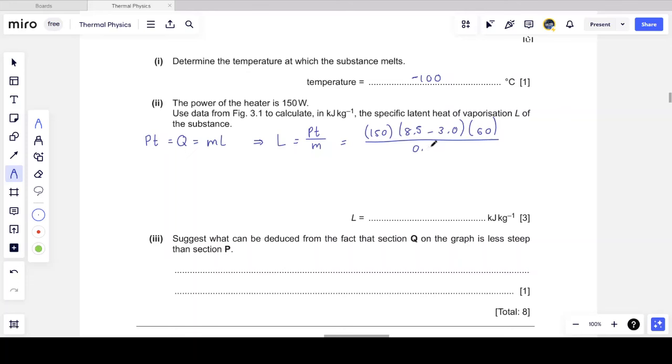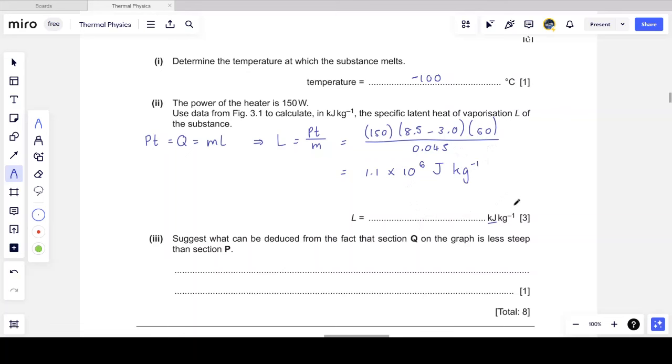Divided by the mass of the liquid, which we were told is 0.045 kilograms. And we calculate this to be 1.1 times 10 to the power 6 joules per kg. But be very careful what answer you write in the next line.